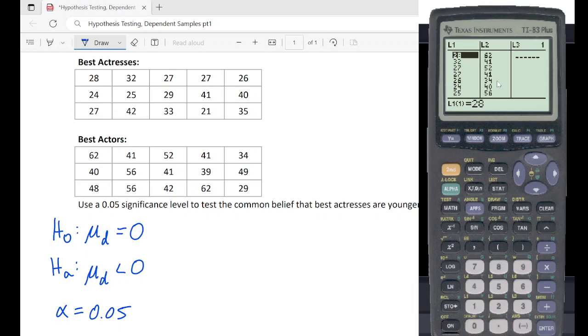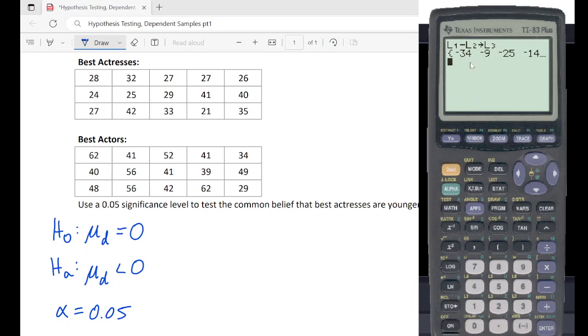Now, we still got to find the mean difference. Now, you can subtract them one by one and get L3, which will work, but there's an easier way. And here is that way. What you're going to do is second and 1 for L1 minus second and 2 for L2, and then STO for store, second, L3.